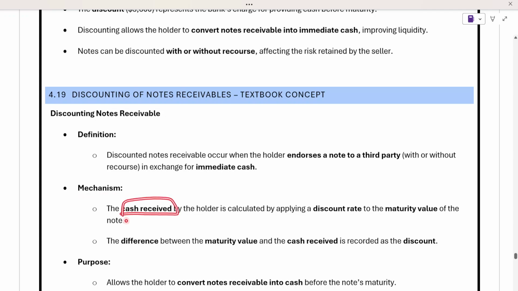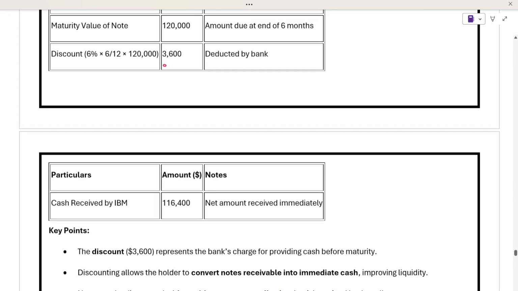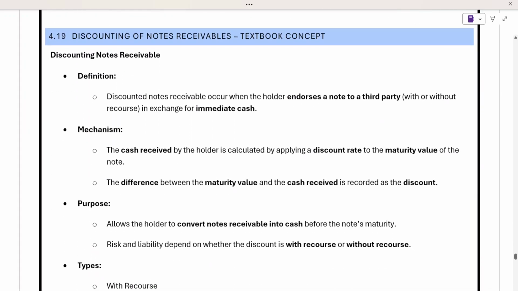The cash received by the holder, meaning IBM, is calculated by applying a discount rate, in our example 6%, to the maturity value, in our example $120,000, of the note. And finally, the difference between the maturity value and the cash received is recorded as the discount. In our example, the discount was $3,600, which the bank recorded.